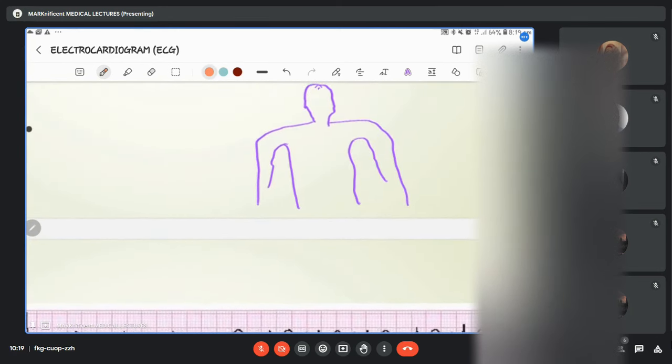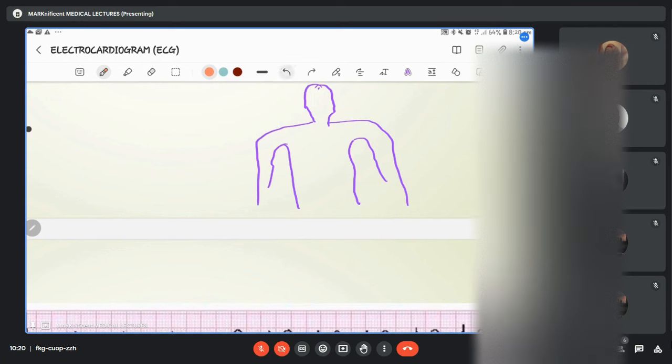There's this chest lead. There are lead 1, 2. They start from here. They have an anatomical landmark, which I think is the second intercostal space on the right, but I can't remember the exact. Okay, right sternal border, second intercostal space. So that's why you fix that.